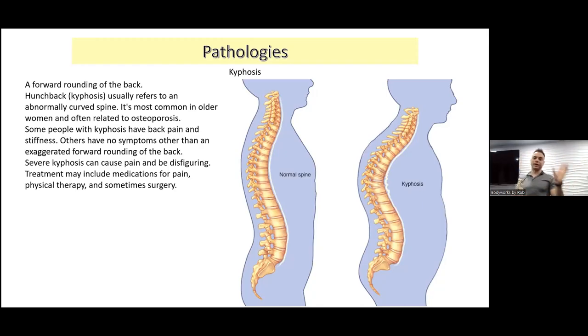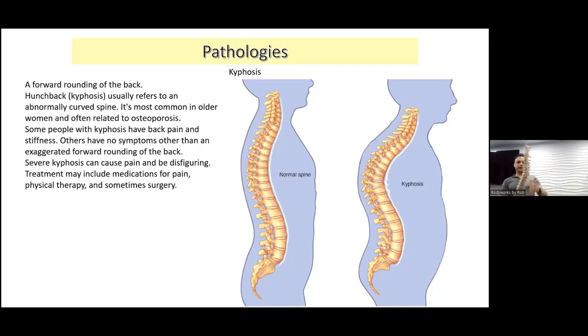Sometimes we call this hyperkyphosis as well, because hyper means excessive, kypho refers to the kyphotic curve, osis the condition of. That's where a lot of your pathologies come from, just breaking down these words and knowing the language of anatomy and physiology, which is in that first lecture.